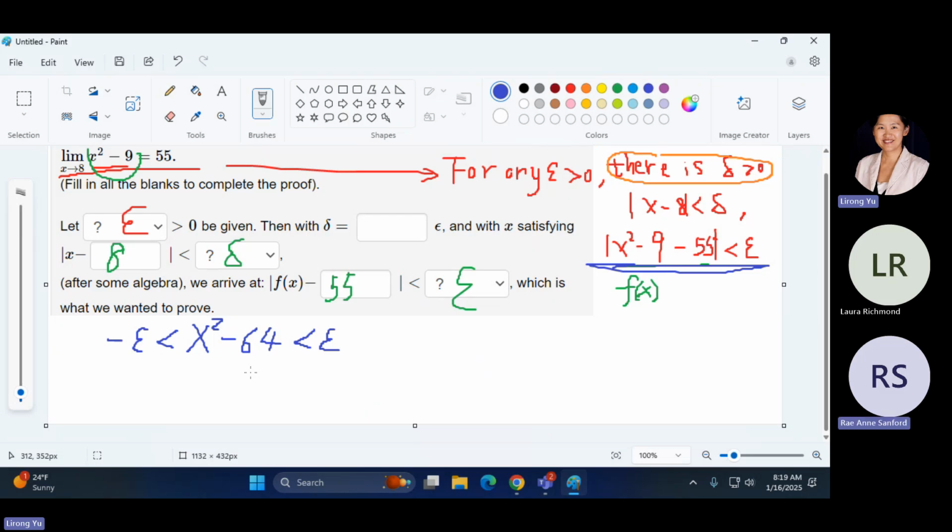And remember yesterday we were saying whenever you have an absolute value related question, we have to figure out a way to handle the absolute value. For example, if the absolute value of A is less than epsilon, then A is less than epsilon and bigger than negative epsilon. That's how we read absolute value. Now, if you have the absolute value of A bigger than a number, such as epsilon, then A is larger than epsilon, or A is lower than negative epsilon.